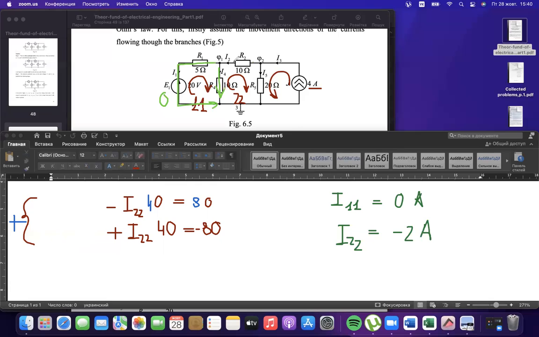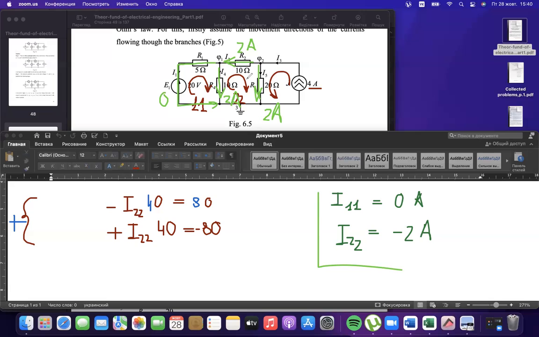I4 and I2 equal minus I22, which equals 2 amperes. I5 equals J plus I22, 4 plus minus 2, also equals 2 amperes. And we obtain the same solution using the mesh current method, the same currents as in the nodal voltage method.